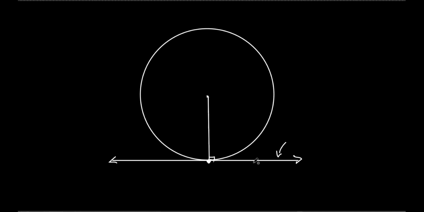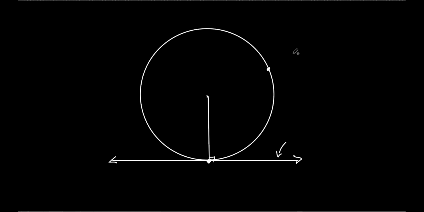What if you didn't know? The converse says if a line is perpendicular to a radius at a point on the circle, okay? So if you have a point on a circle, let's do this. Let's say you had a point on a circle. There you go. Everybody got it?